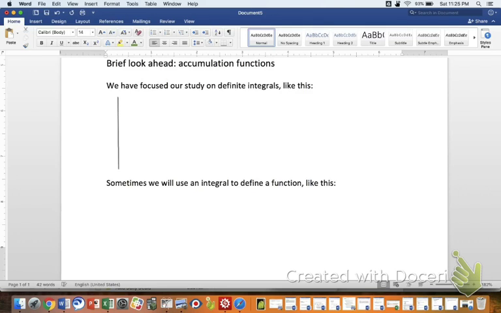From a graphical standpoint, we've said, if we've got some function, and let's say that function, I don't know, looks something like this, we have had a domain from A to B, and we've said the integral from A to B of f of x dx. So that graph is a graph of f of x. We're going to be doing the definite integral from A to B. And of course, if you guys remember, we're able to use area to help us with this.